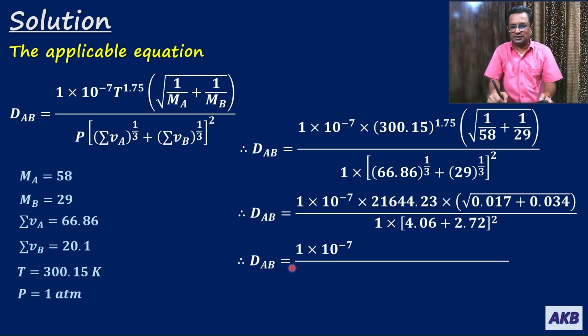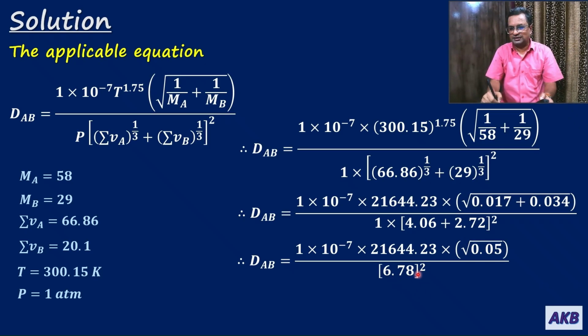So that is dAb equal to 1 into 10 to the power minus 7 into 21644.23 into the under root of 0.05, divided by the sum 4.06 plus 2.72, which is 6.78, square of that.